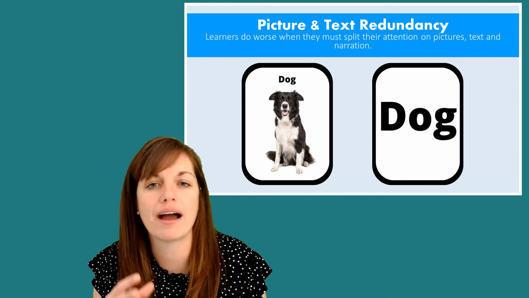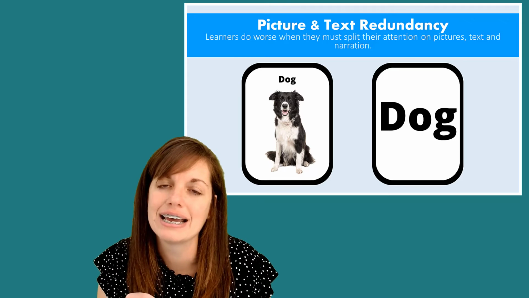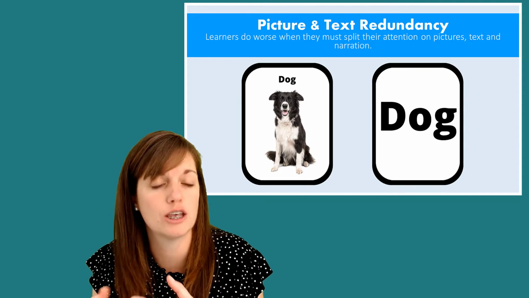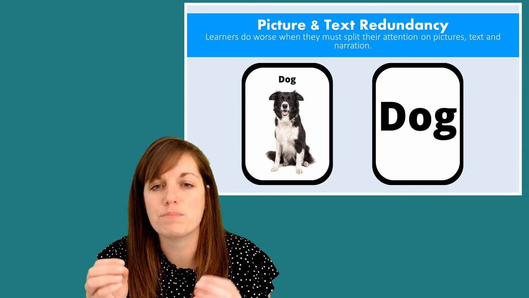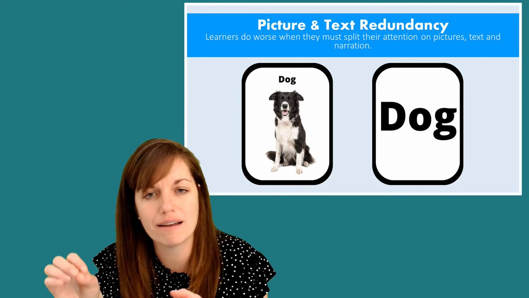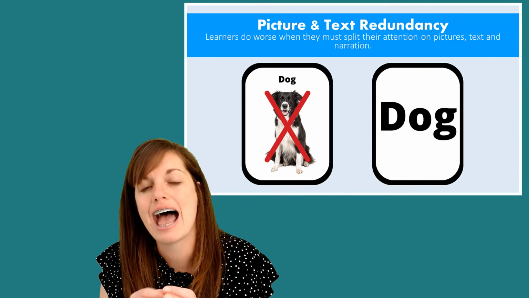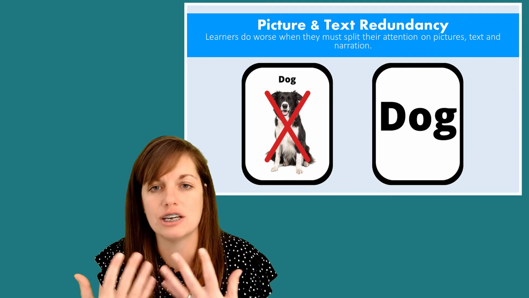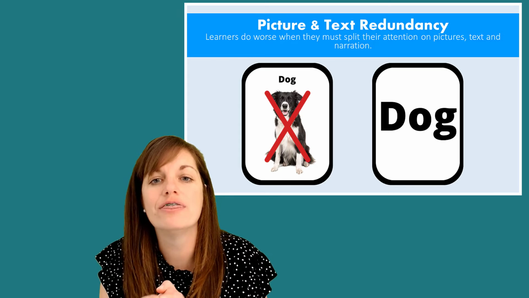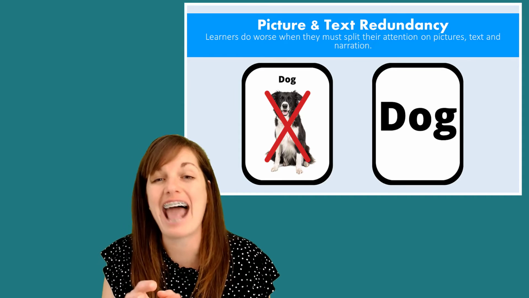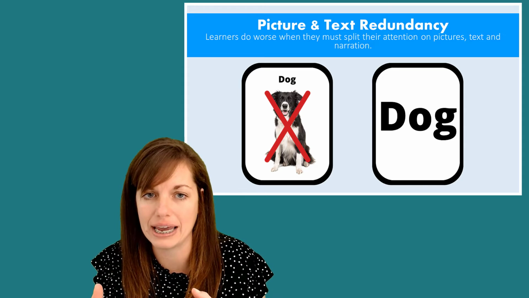Many of us learned with flashcards on how to read, where we have the text, an image, and someone speaking the word to us. Research has actually found that when we eliminate the redundant information of the image and just have the text, as well as the teacher or parent reading the word to us or narrating the word, that eliminates redundancy and actually facilitates a higher level of reading.